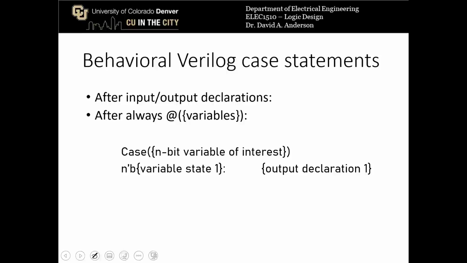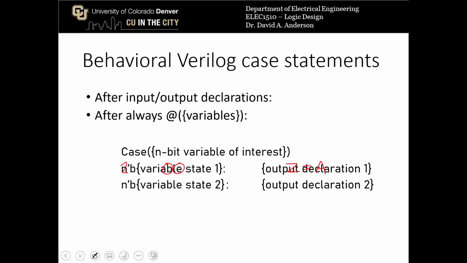For our select line S, it's 2 bits, so we would have 2 prime b. In that case, n would be a 2. And then variable state, so presumably the first state would be 0, 0, so we would list 2 prime b 0, 0, colon, and then an output declaration. So then we would say Z equals A.